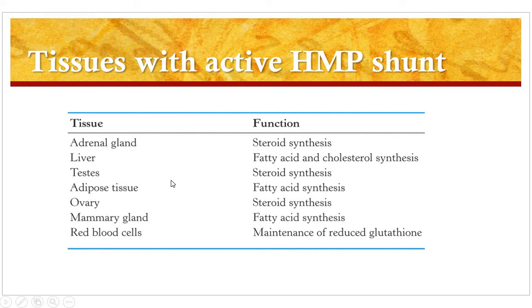In testes, it helps in steroid synthesis. In adipose tissue, it helps in fatty acid synthesis. In the ovary, it helps in steroid synthesis. In the mammary gland, it helps in fatty acid synthesis. And in RBCs, it maintains the reduced glutathione. So all of these are the important significance of this pathway.